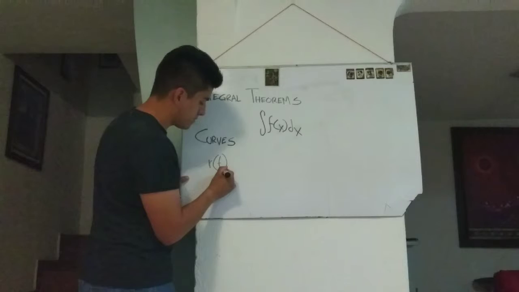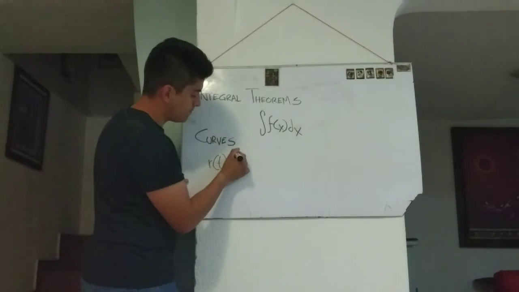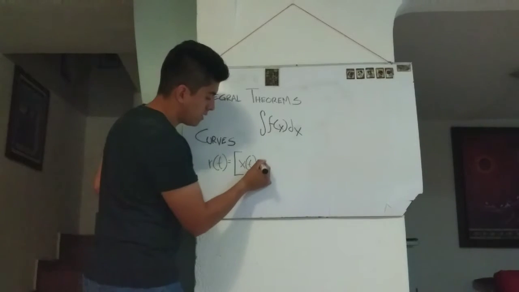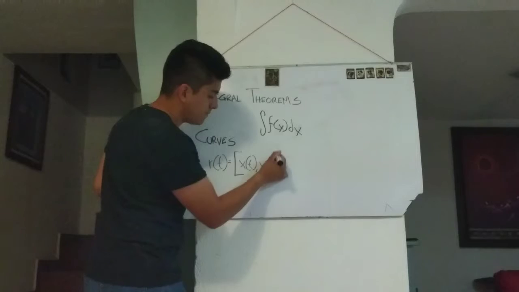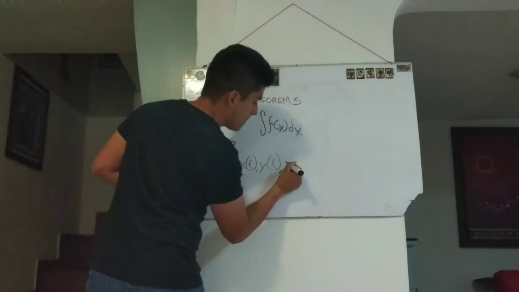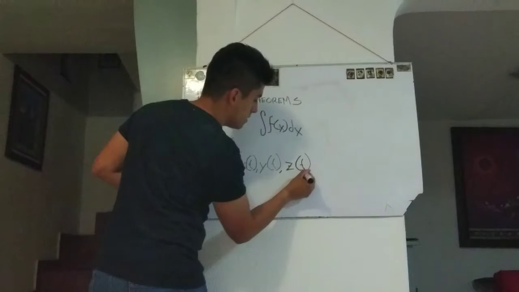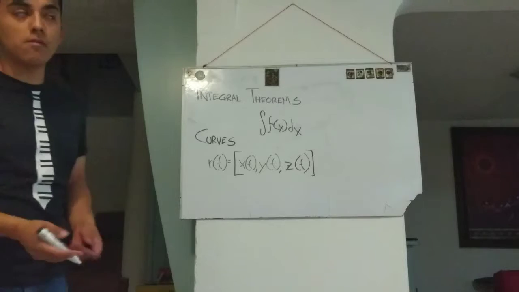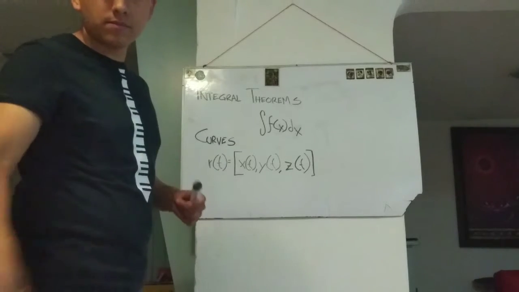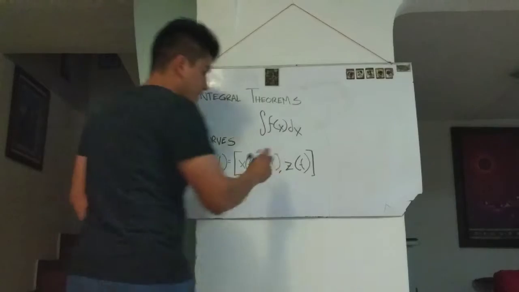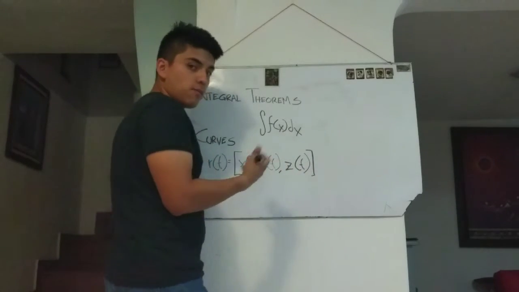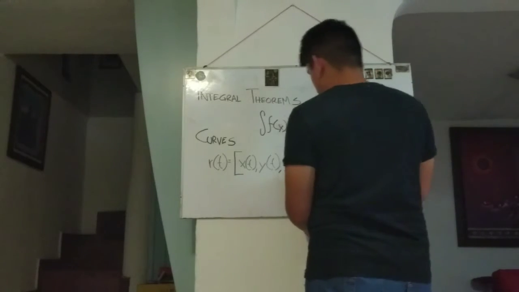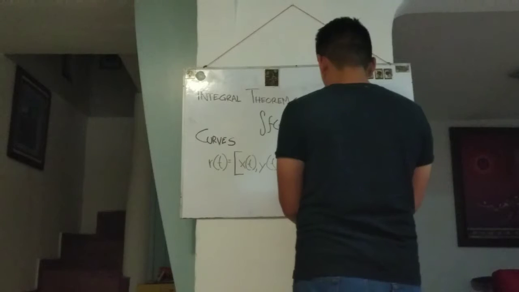r(t) is going to be equal to x(t), y(t), and z(t). This is the representation of a curve. And what this means, as I remember, is a plane. So the result of this goes like this.